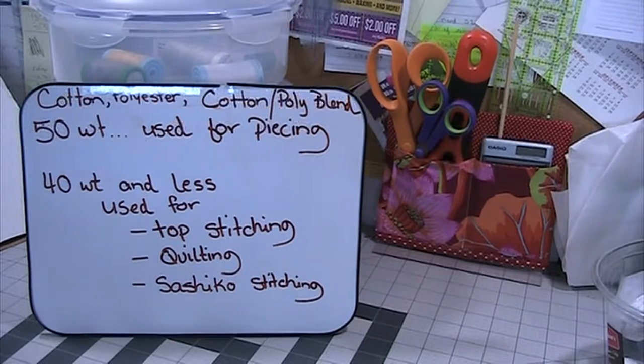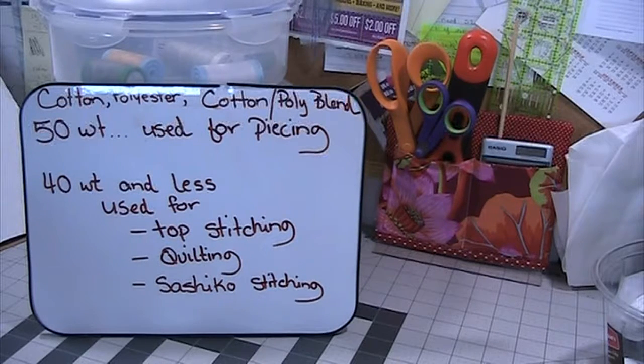And sashiko stitching is a Japanese form of stitching, and I will toss in here a picture of sashiko stitching. My hands are not steady enough to do sashiko stitching, and Baby Lock does make a sashiko stitching sewing machine.